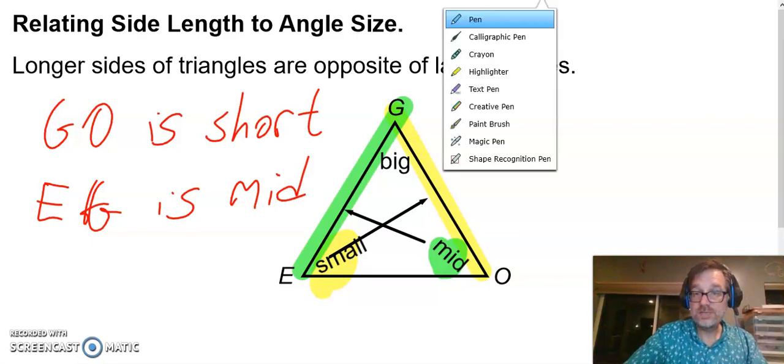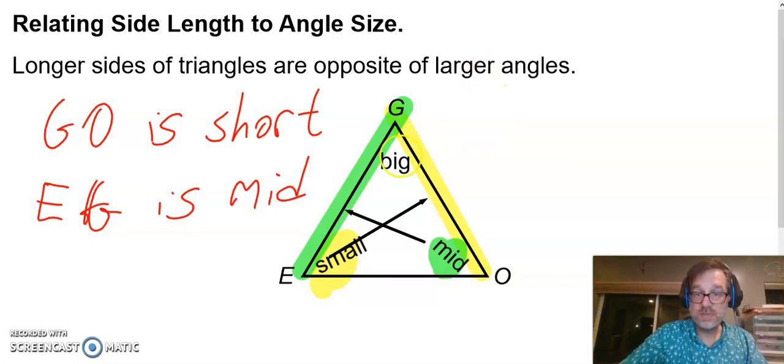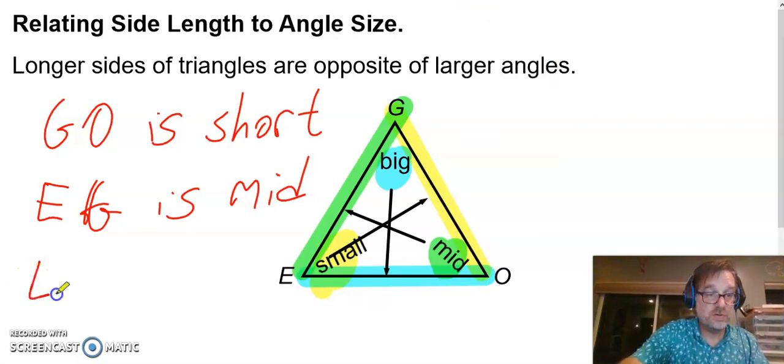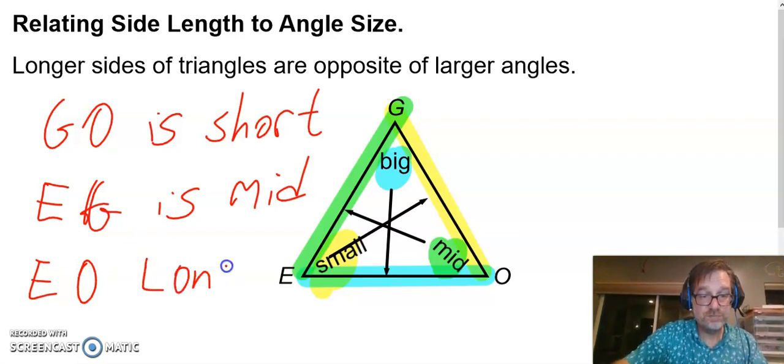And that means we've got our biggest angle right here, because it'll be the largest number in our triangle. And we come opposite it. This side has to be the longest. EO has to be my long side.